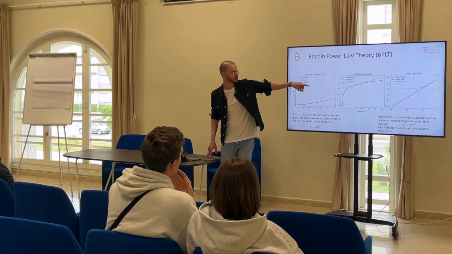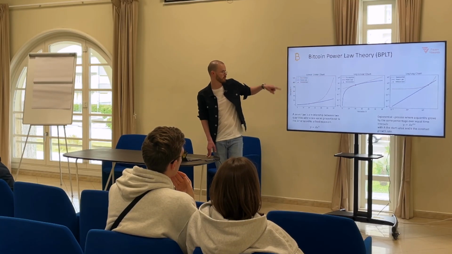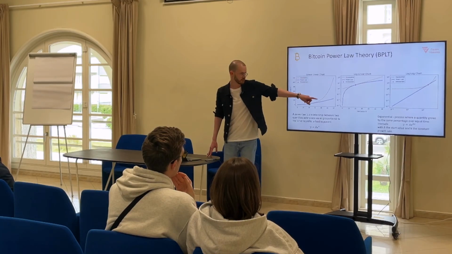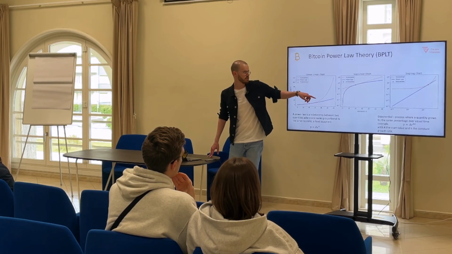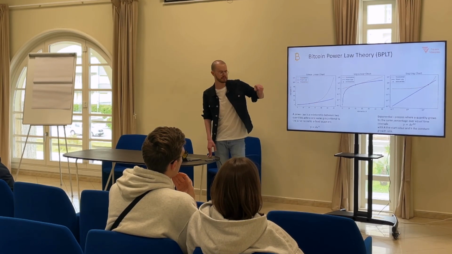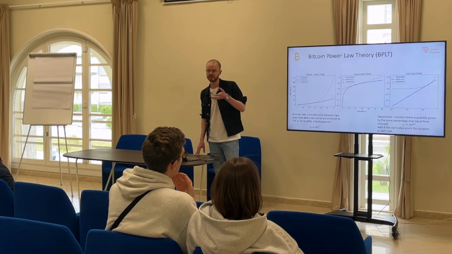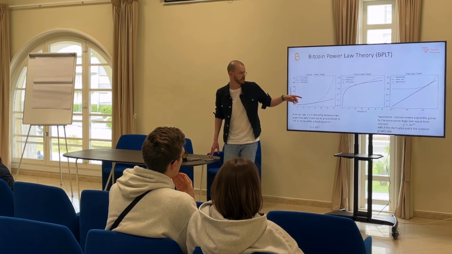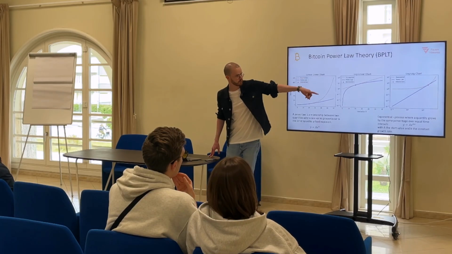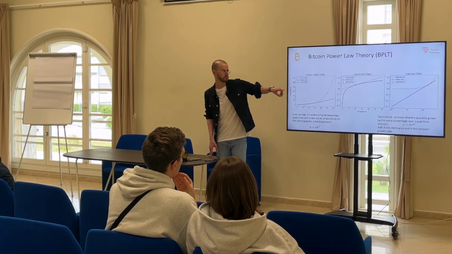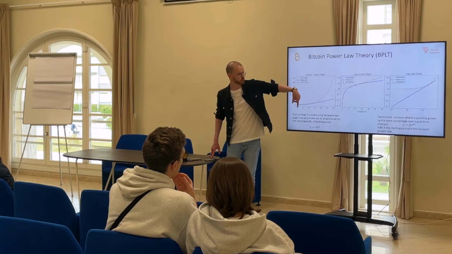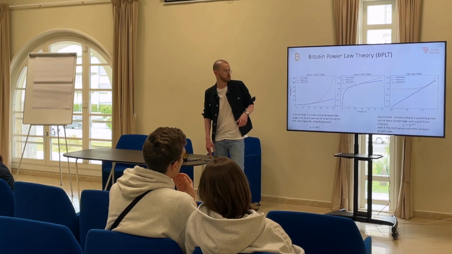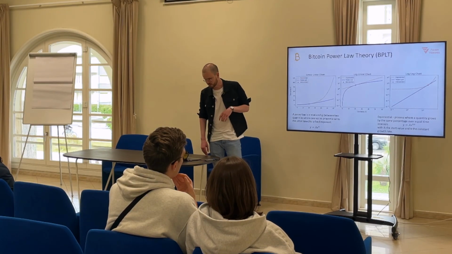So in the log linear chart, which basically means that the y-axis is logarithmic and the x-axis is linear, the exponential becomes a straight line, and it's fairly easy for us to intuitively figure out and see a straight line. And in the double logarithmic chart, where the x-axis is also logarithmic, the power law becomes just a straight line that is very easy to identify.